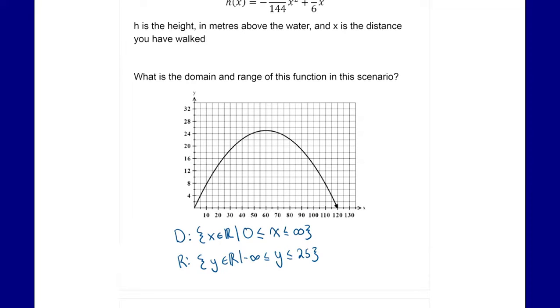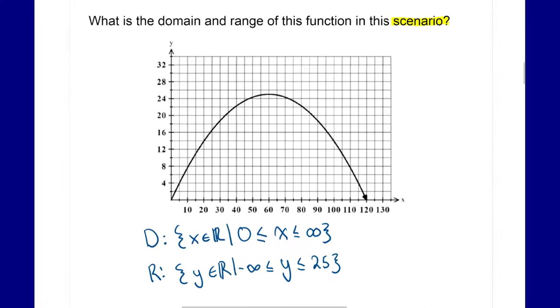Now, if we think about this model, the key thing in this question is that it's domain and range for this scenario. Are there any restrictions on what our domain and range can be, or is what we have down correct?